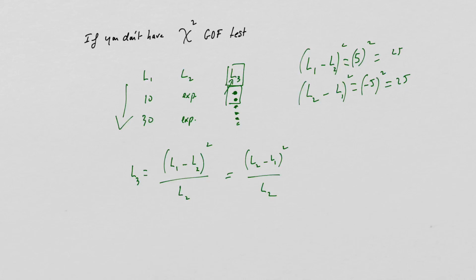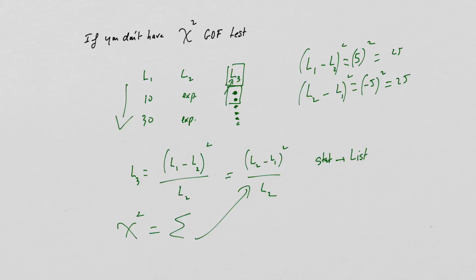And what do you need to do? You have to add them up, because the chi-squared is the sum of this stuff, isn't it? So there are 2 ways to add them up. You can go to stats, and then I think you go to list. Let me click. I have a calculator next to me.